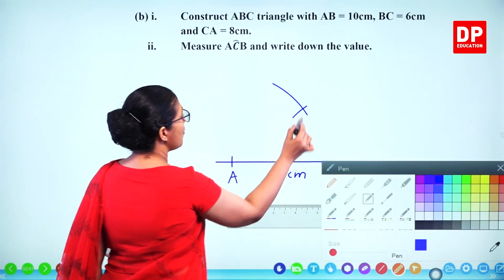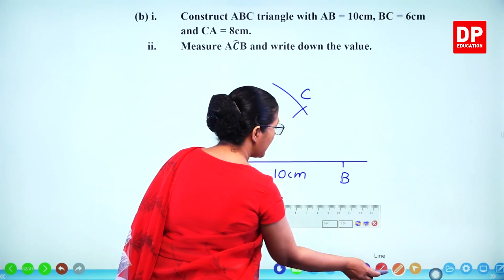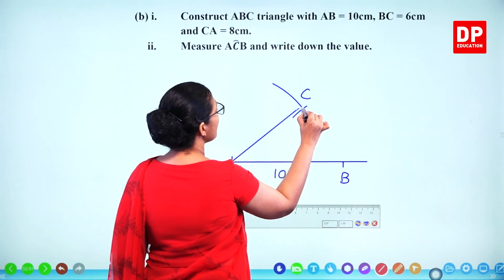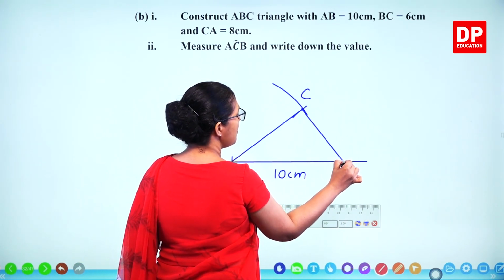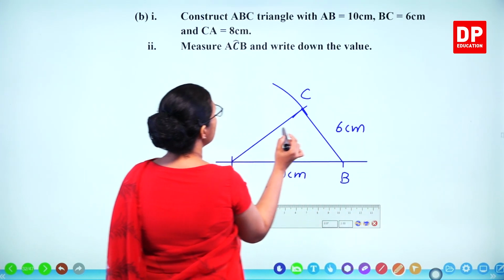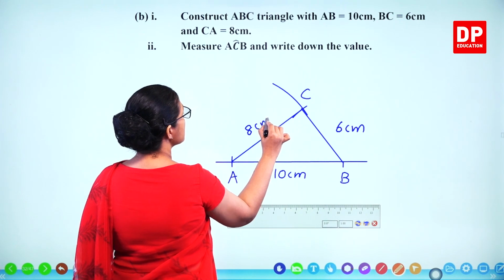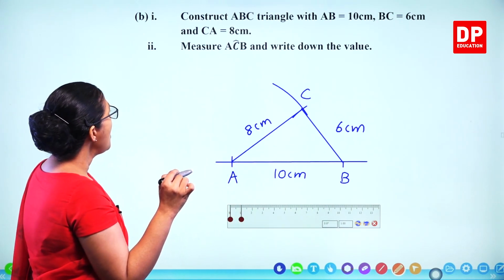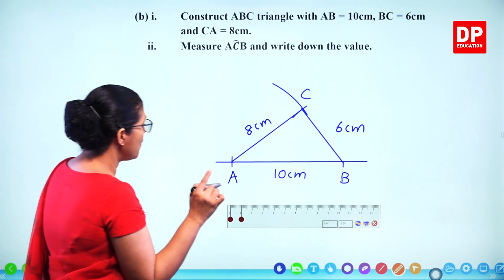Then the intersecting point becomes C. Now connect AC and BC. So we can write this is 6 centimeters and this is 8 centimeters. So that's the construction.